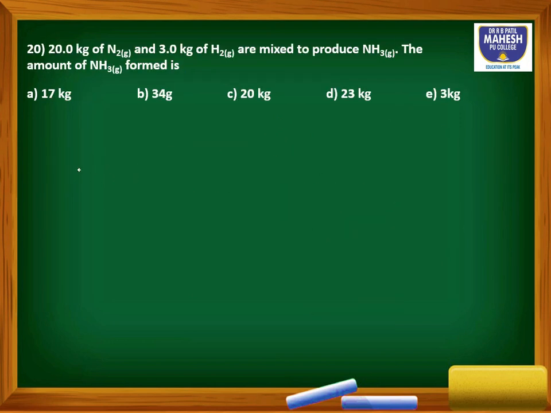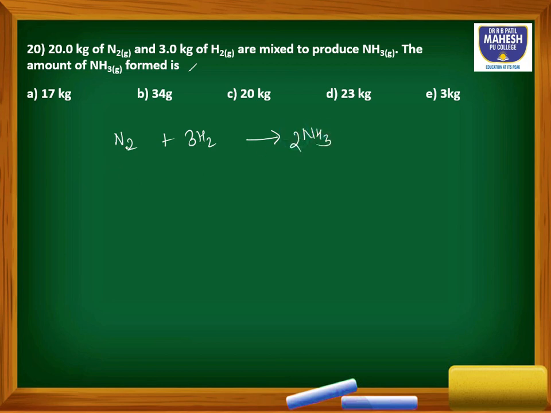Last question, students. 20 kilogram of nitrogen and 3 kilogram of hydrogen are mixed to produce ammonia. The amount of ammonia formed is what the question asks. So let us write the reaction. Nitrogen reacts with hydrogen to form ammonia.